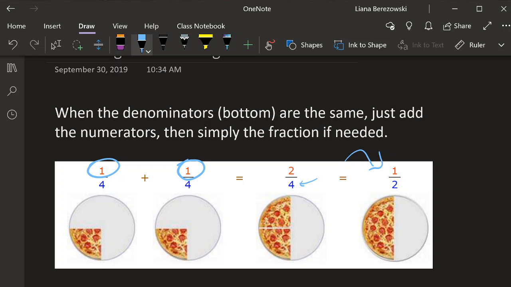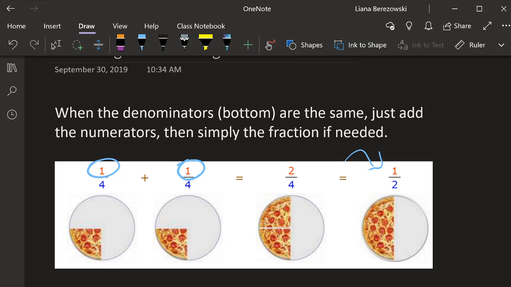Simplifying a fraction just means getting it to the smallest numbers possible. So in this case, 2/4 can be simplified to 1/2. The way that we do that is we divide our numerator and our denominator by the same number.